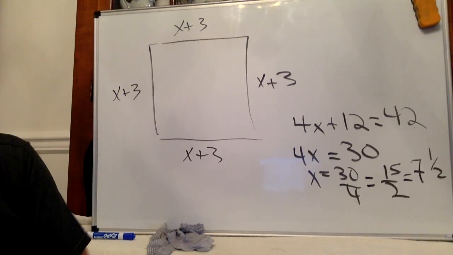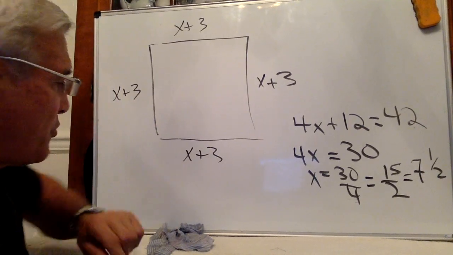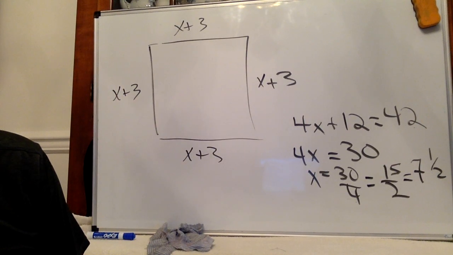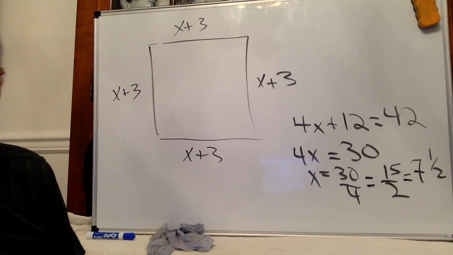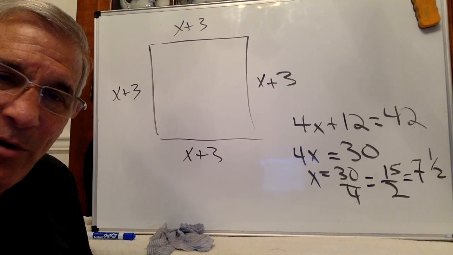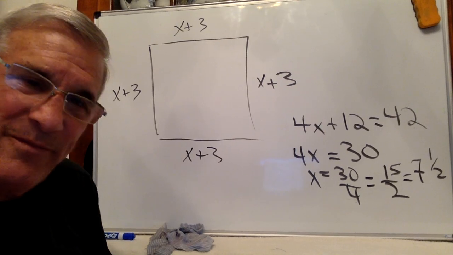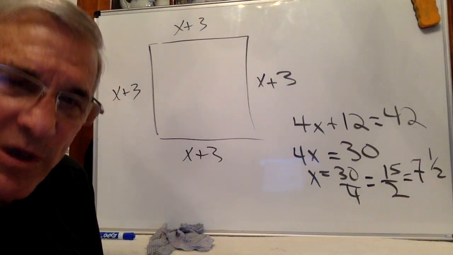And then part B said, if the perimeter were greater than 42, what would we know about the value of x? If the perimeter is bigger than 42, what would be true about the value of x? Well, that would mean that x would have to be bigger than 7.5, because if x equals 7.5, the perimeter is exactly 42.